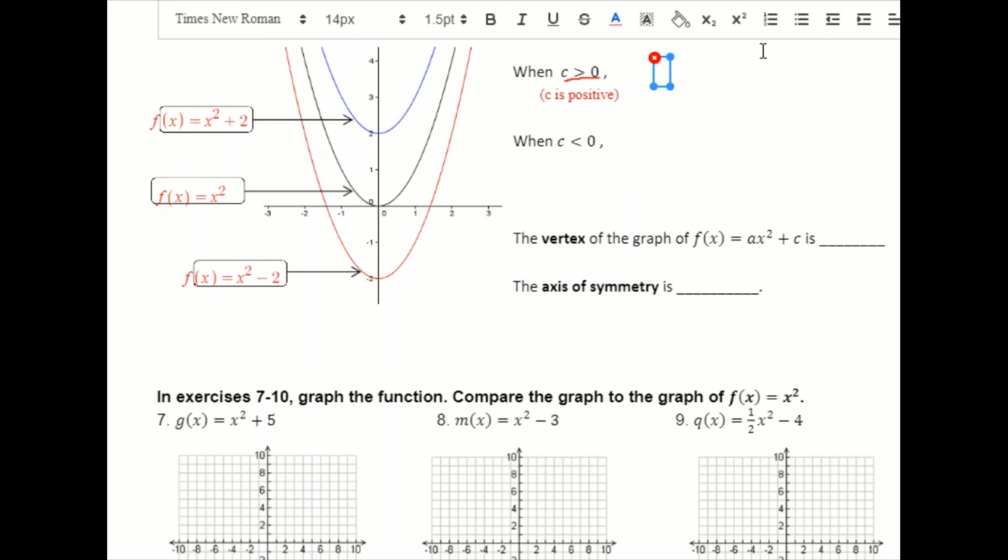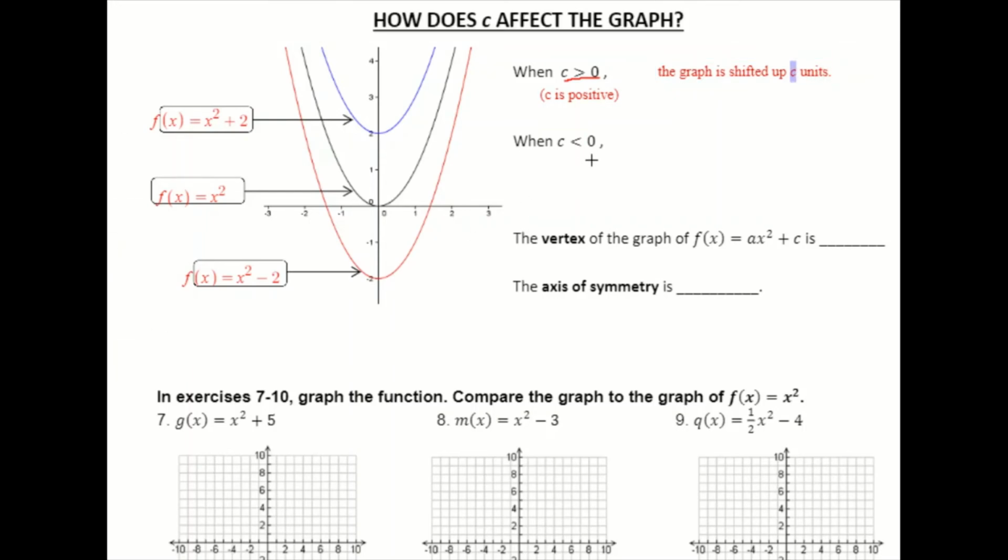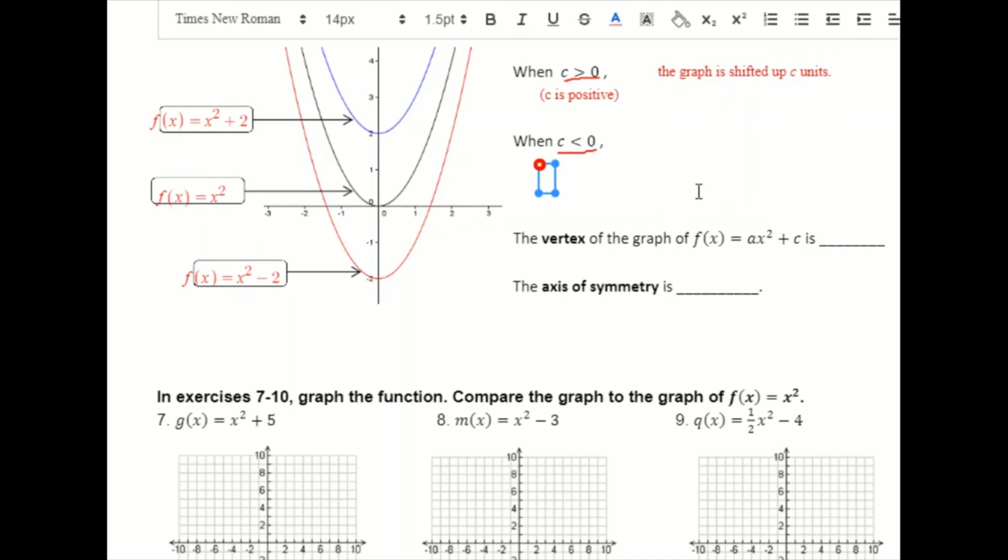So when c is greater than 0, the graph is shifted up c units, whatever the number happens to be. When c is negative, that means that c is less than 0, the graph is shifted down c units.